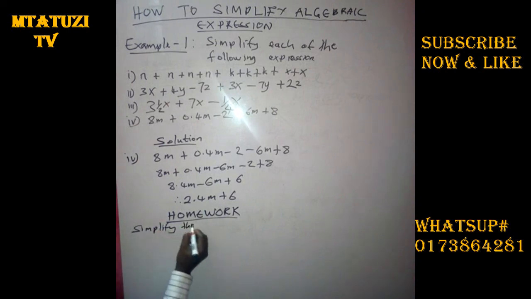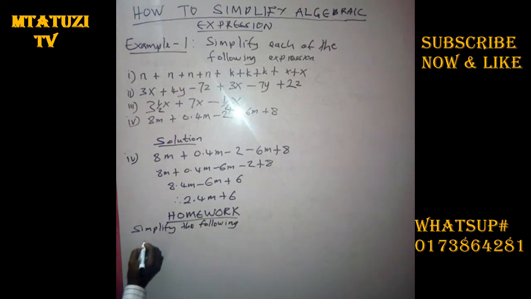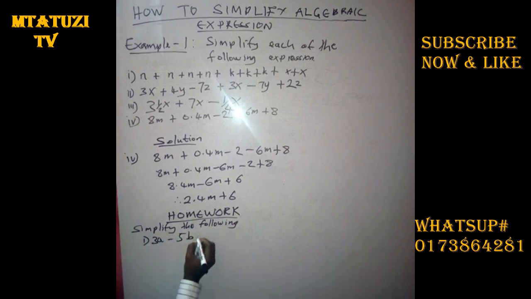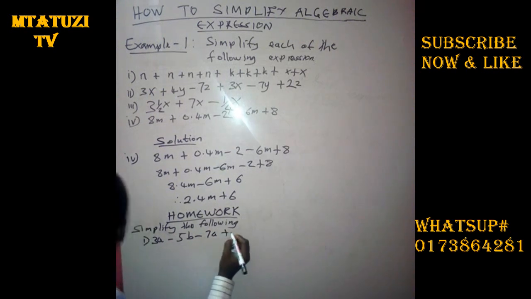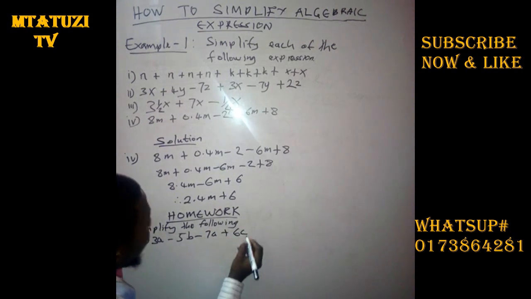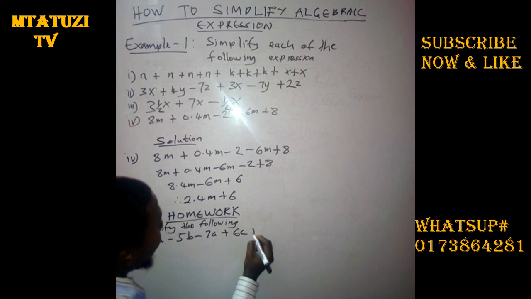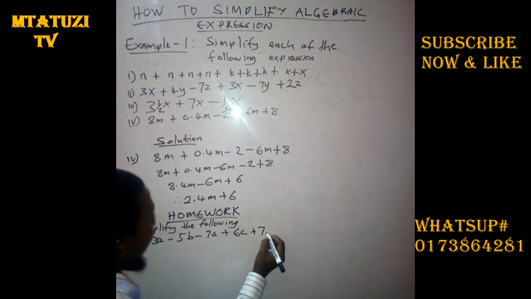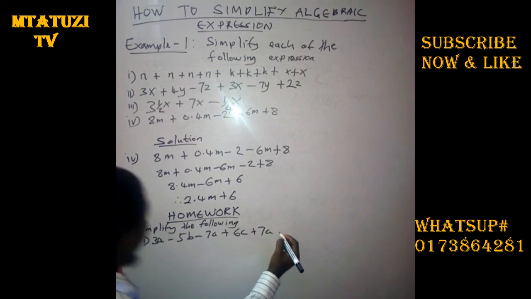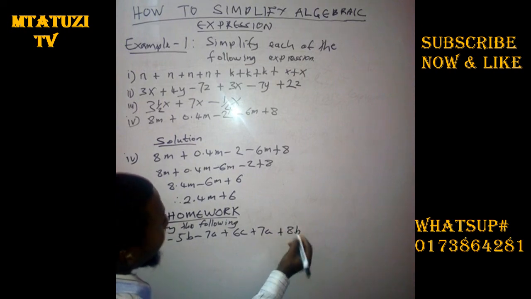Number 1: 3a minus 5b minus 7a plus 6c plus 7a plus 80b.